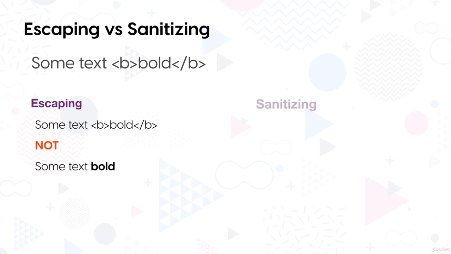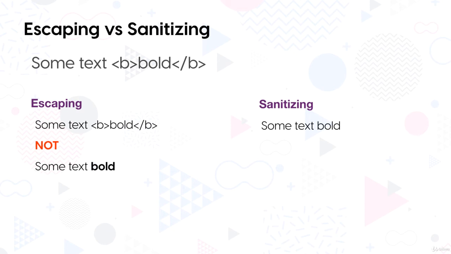Sanitization, however, will not render the HTML tags at all. So depending on your situation, you can either use escaping or sanitization functions when you render something in your theme. So I hope this is clear, and if not, don't worry, we will use these functions a lot throughout this course, and I think by then things will become more clear.